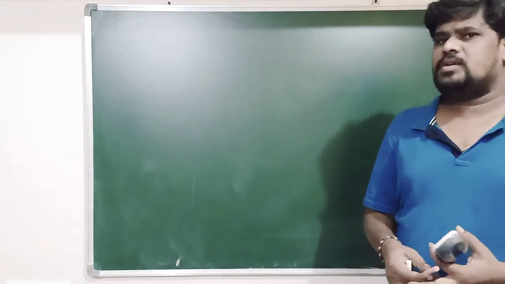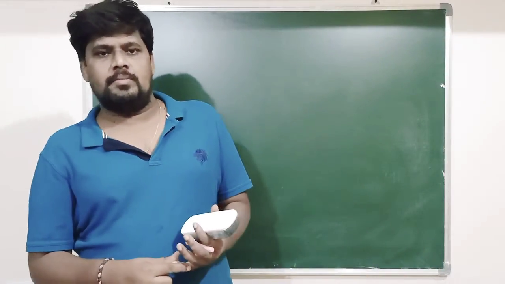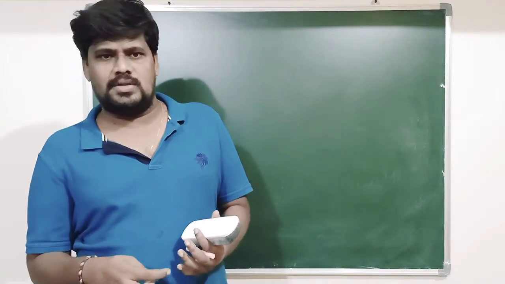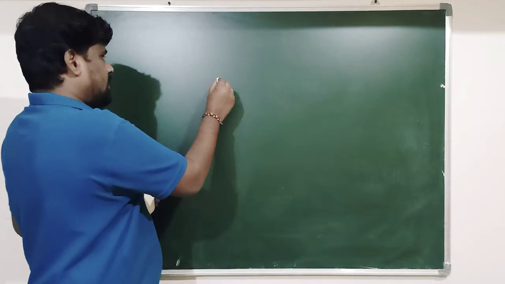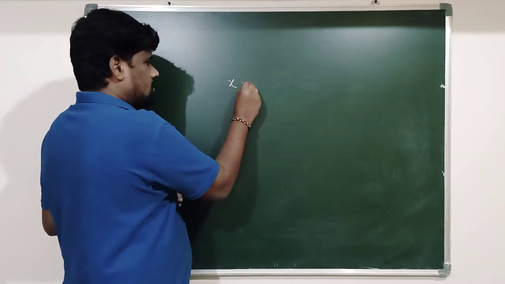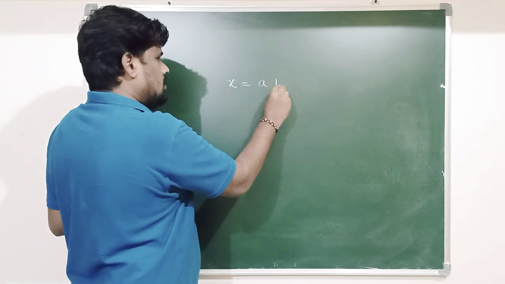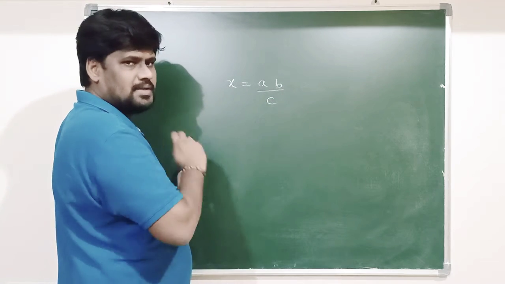In the previous session we discussed how to estimate error in the measurement of physical quantities. Say for example, if x is a physical quantity which depends on A, B and C as per this relation.